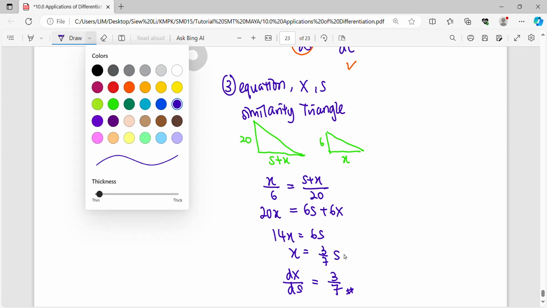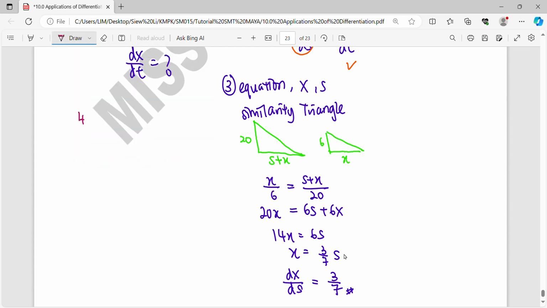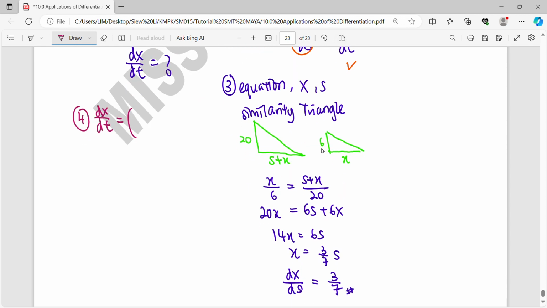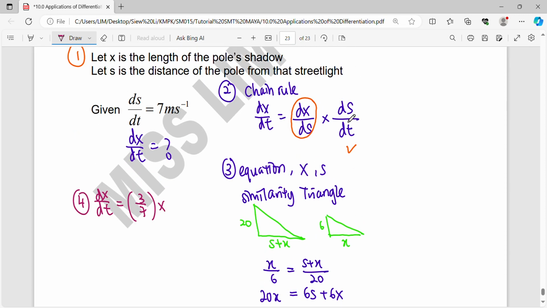Then lastly, step number 4, we substitute everything back into our chain rule in order to find dx/dt. So dx/dt equals dx/ds, which is 3/7, times ds/dt, which is 7. So we get 3. This is in meters per second.